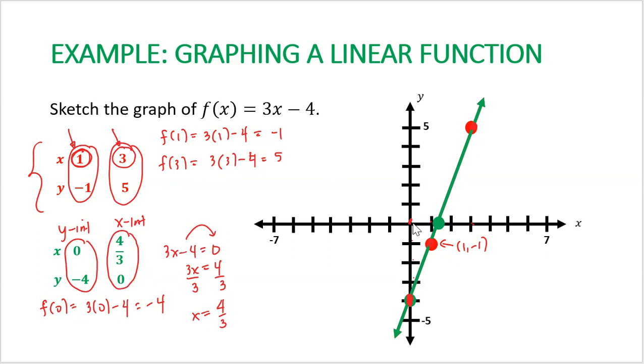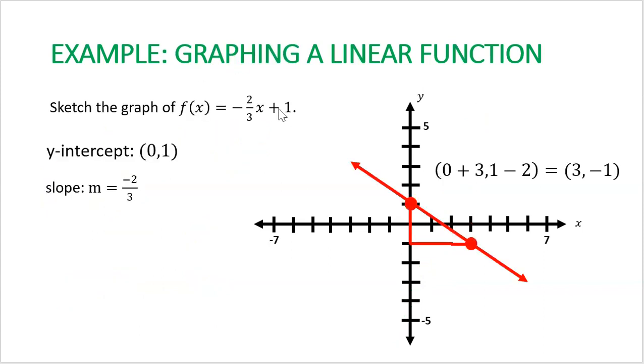So from the origin, we move 4 thirds units to the right. So 4 thirds is 1 and 1 third. So we have 1 unit and then 1 third. And then we don't move vertically because the y coordinate is 0. So connecting these two green points will also make up the line 3x minus 4.